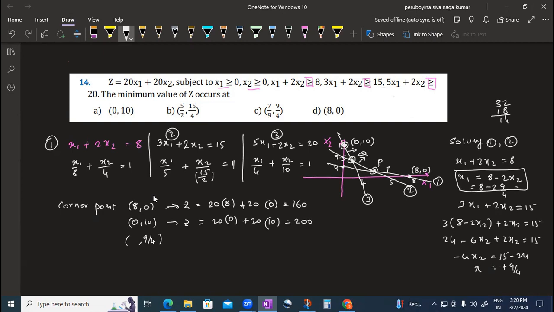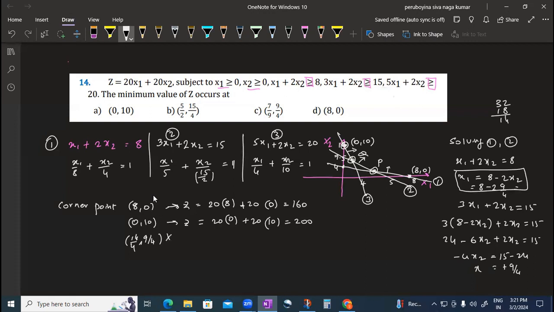So 14 by 4, which of course means 7 by 2. But there is no such option, so you can leave this value, it is not needed.